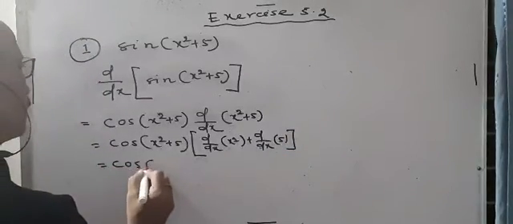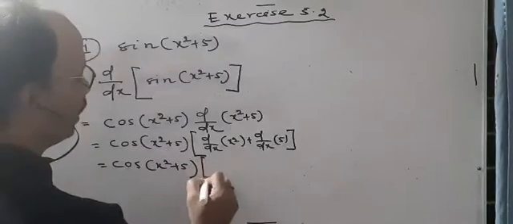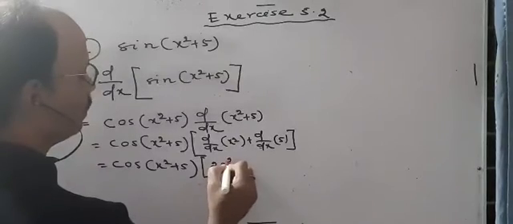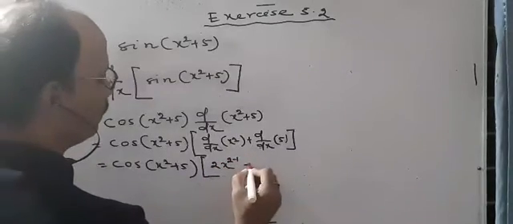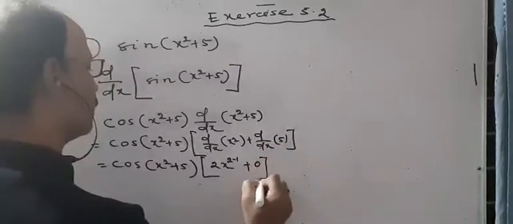So now cos(x² + 5), d/dx of x² is 2x^(2−1), then plus d/dx of constant, that is 0.